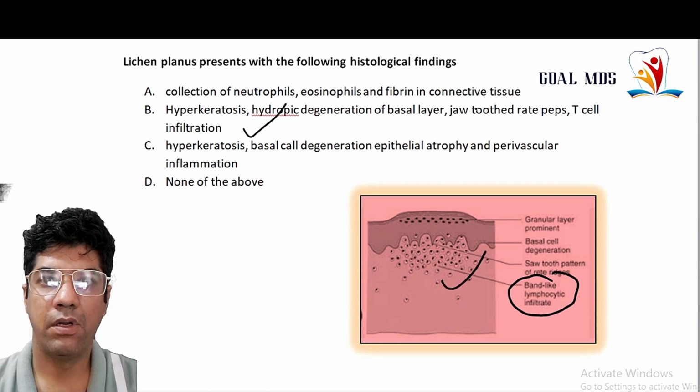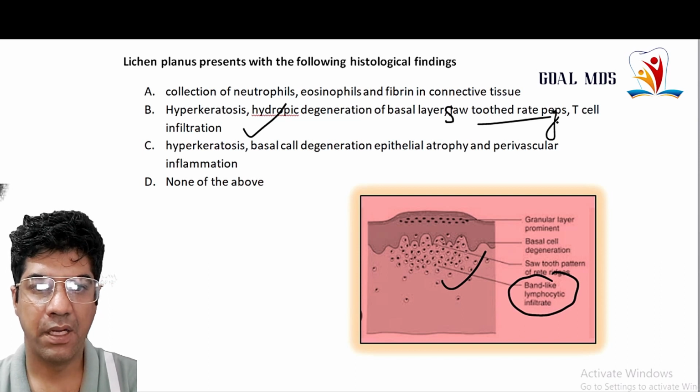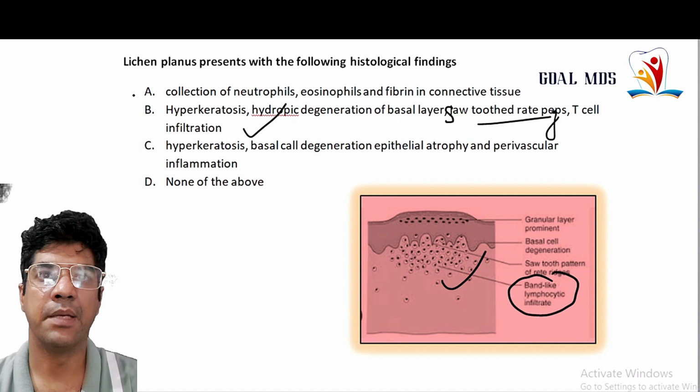So sawtooth rete pegs, these are features of basal cell degeneration. All these are features of lichen planus.